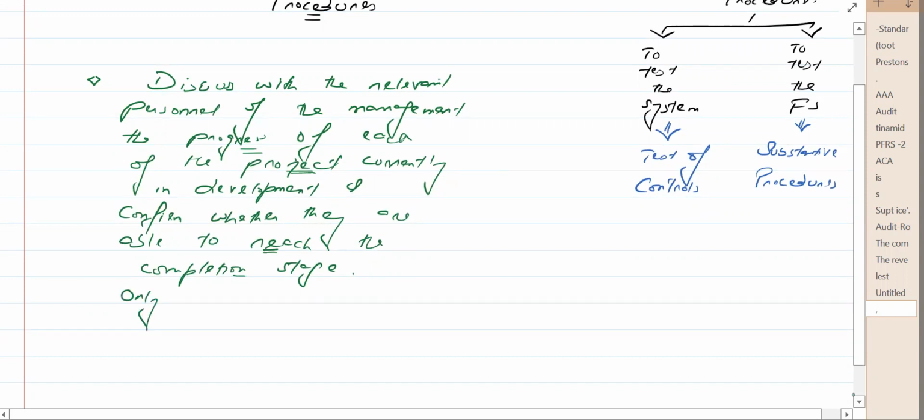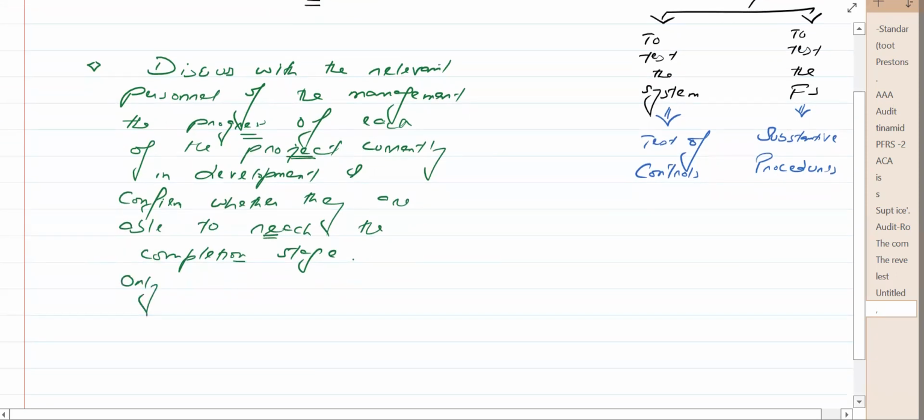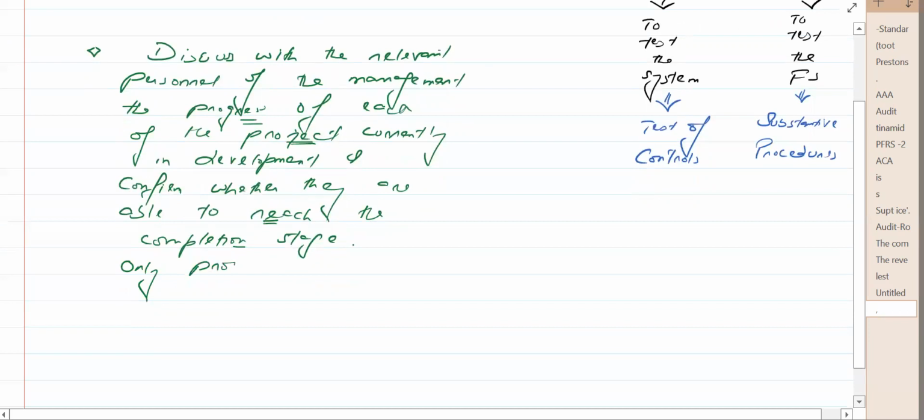Then only projects that meet criteria should be capitalized. So there's no need to write this line, by the way.